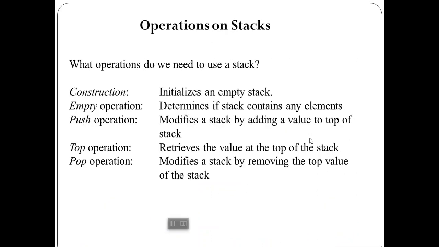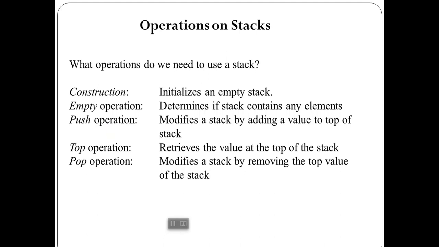Right. So if you build this stack structure, what kind of operations do we need to apply onto this structure? Basically, we have 5 operations here. One is to construct the stack: initialize an empty stack with no elements.